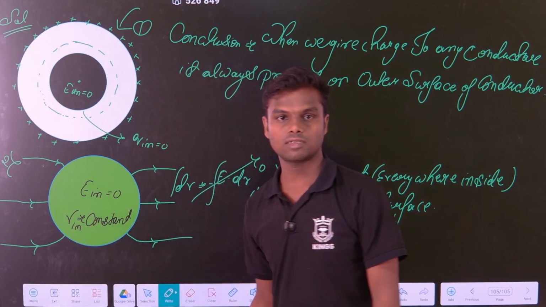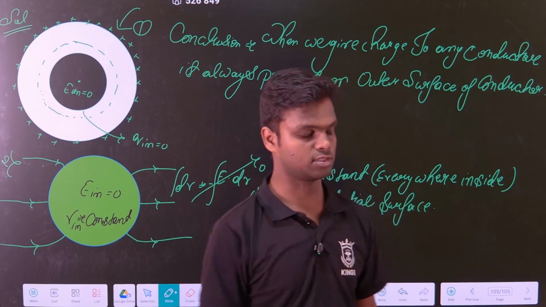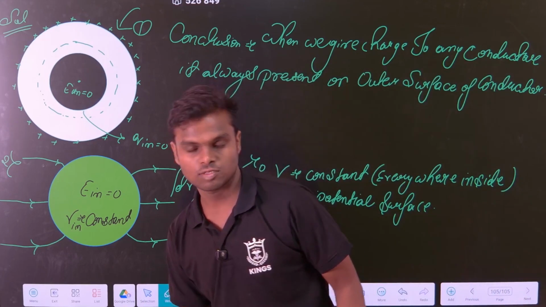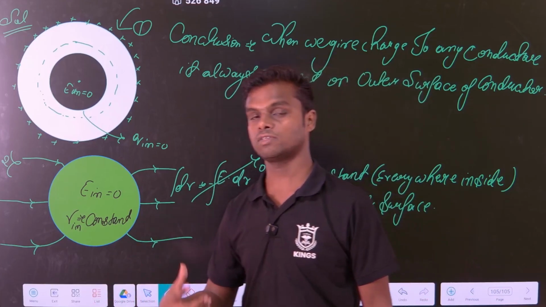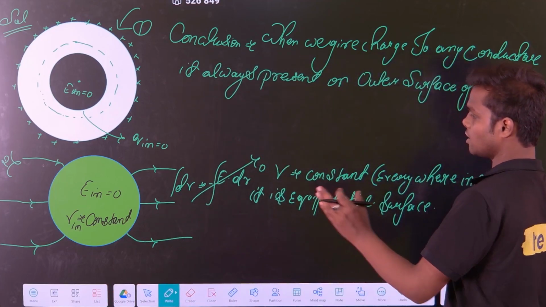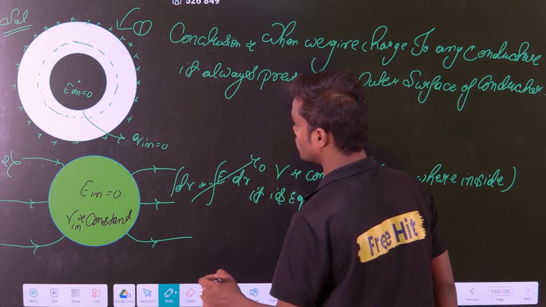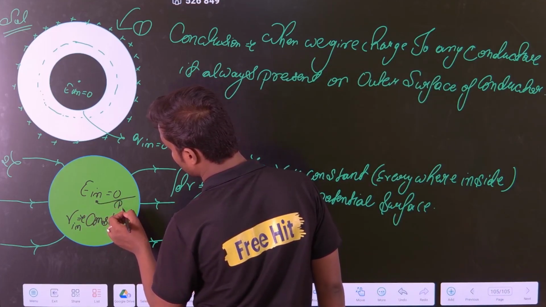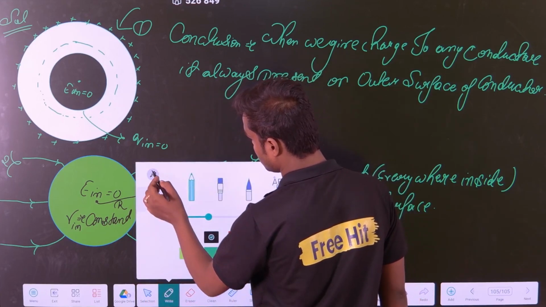Okay sir, I understand the potential will be constant, but what will be the value of that potential? There is a proper derivation for this, which we will see later because it is very important from the JEE Advanced point of view. For now, suppose the radius of this conductor is r and the charge given is q.